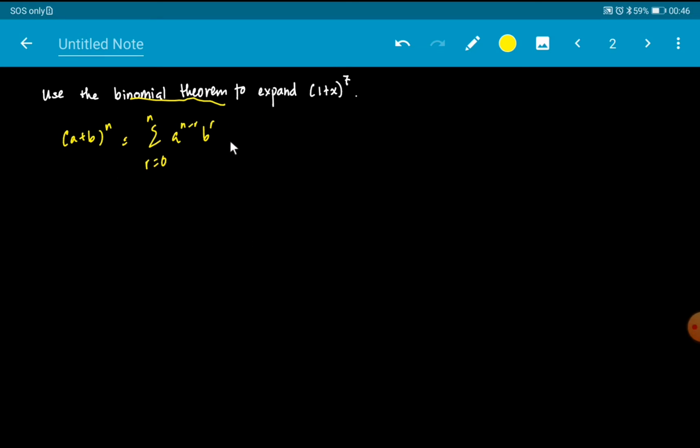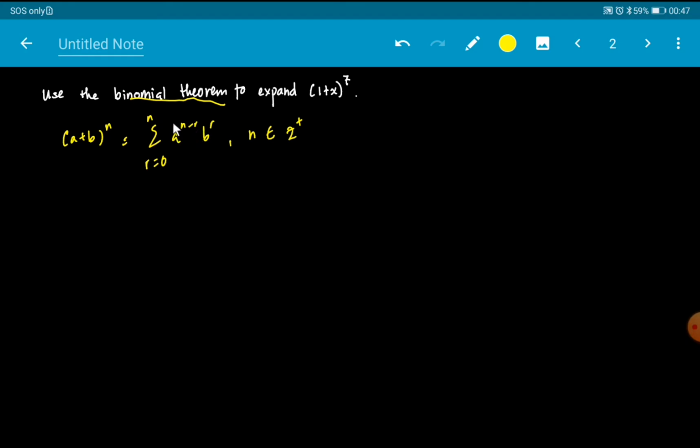It is valid when n is a positive integer. When n is a positive integer, we will use this binomial theorem. This is what we call the binomial theorem.